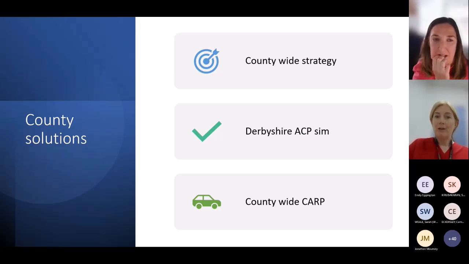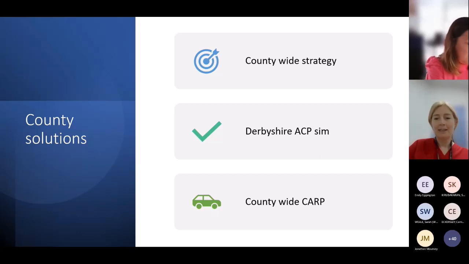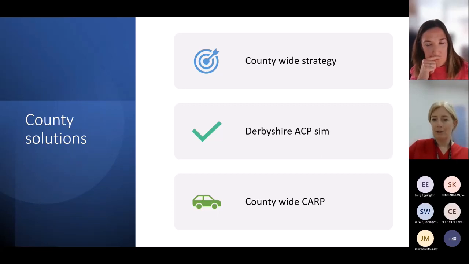So within Derbyshire, we work very much as a county. We've had a Derbyshire collaborative group for about 10 years now, and we have our most recent county-wide strategy that we've now developed. Capability and delivering a capable workforce is very much one of our work streams within there.